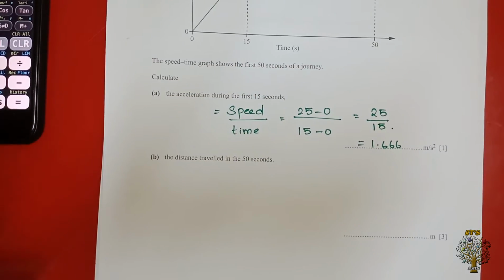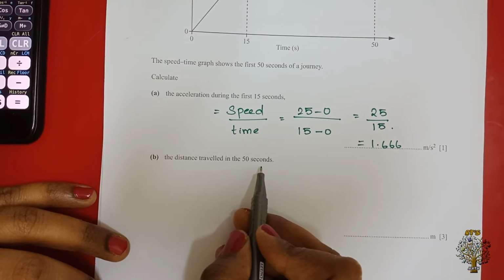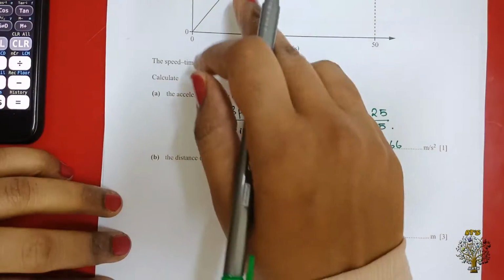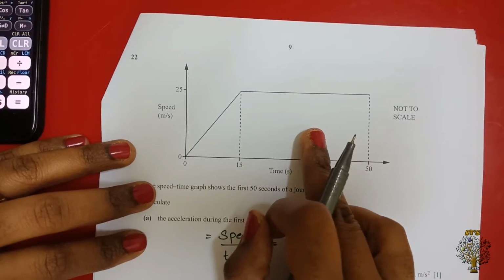Now the next part of this is the distance traveled in the 50 seconds. Okay, distance traveled in the 50 seconds, total distance, which is nothing but the area of this triangle and the area of this rectangle.